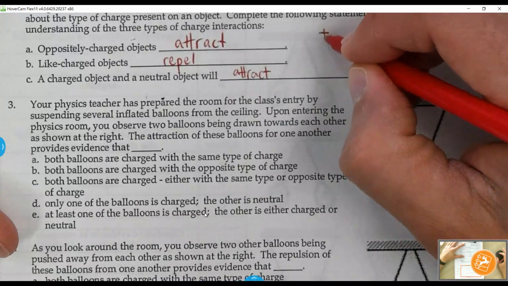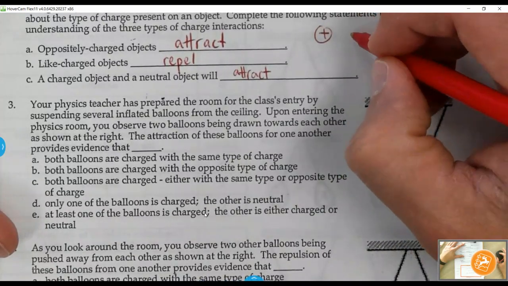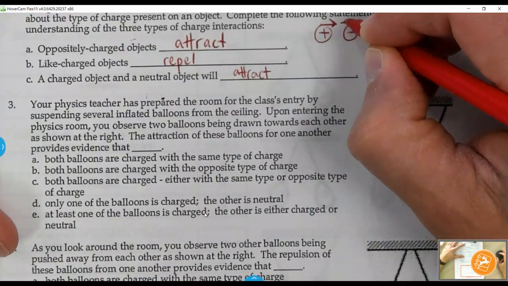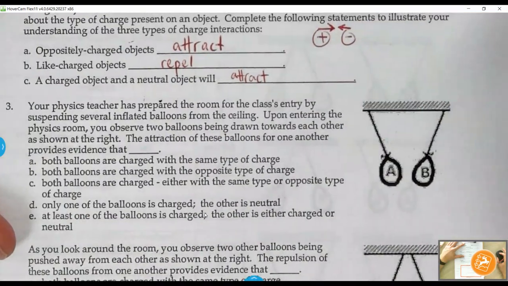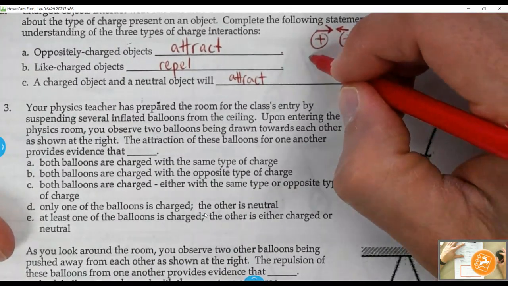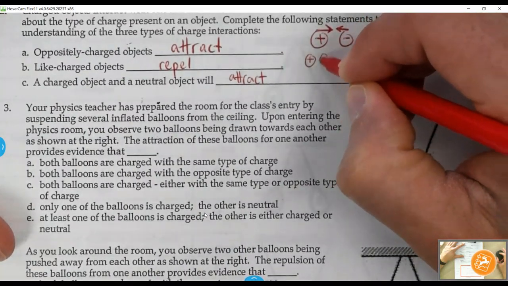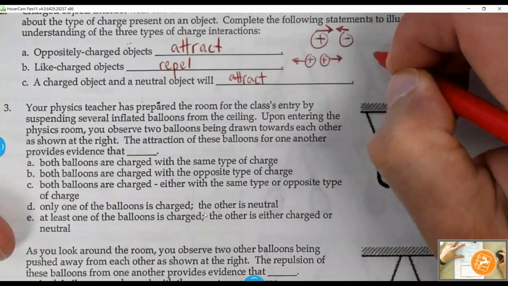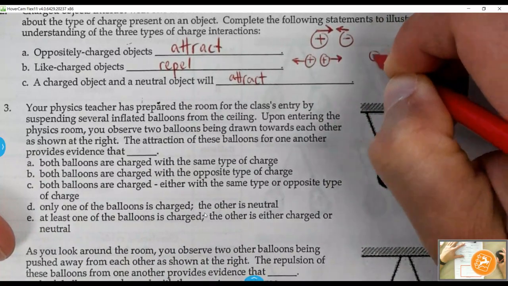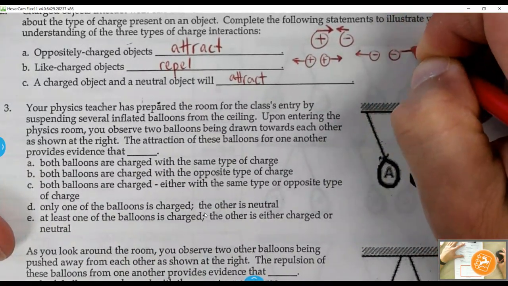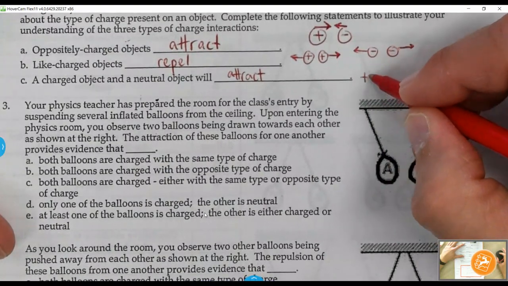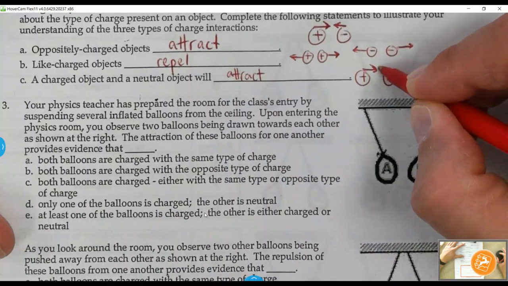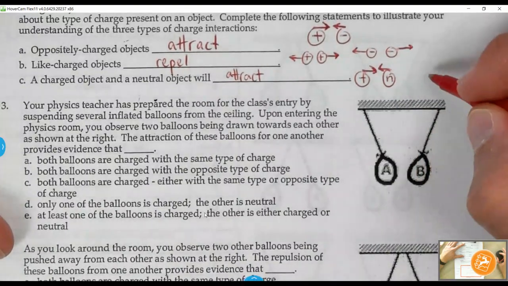So if I just showed this, positive, negative, yep, they're moving towards each other. Like charges, positive and positive, they want to go away. Negative and negative, they want to go away. Positive and neutral, they're attracted.